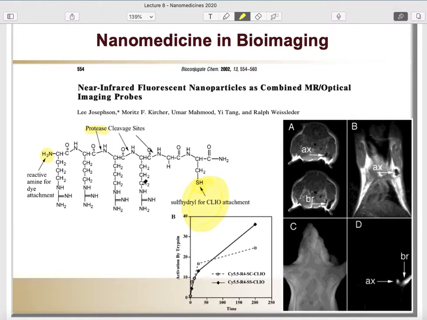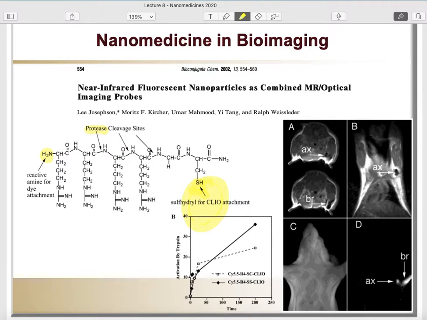If these two are close to one another, the fluorescence from the dye is actually quenched. And so only once the polymer has been cleaved through the action of those proteases will the fluorescence actually be developed. The proteases are overexpressed in tumors, and so we could potentially use these particles to be able to develop fluorescence at the tumor site because of the function of the enzymes.